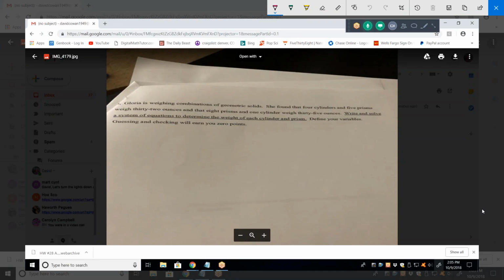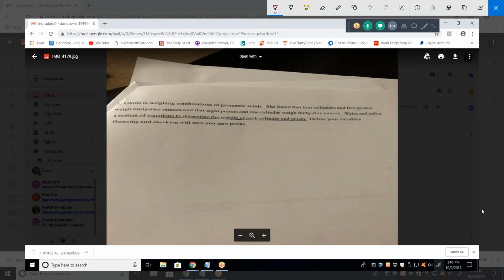Gloria is weighing combinations of geometric solids. She found that 4 cylinders and 5 prisms weigh 32 ounces and that 8 prisms and 1 cylinder weigh 35 ounces. Write and solve a system of equations to determine the weight of each cylinder and prism. Define your variables.